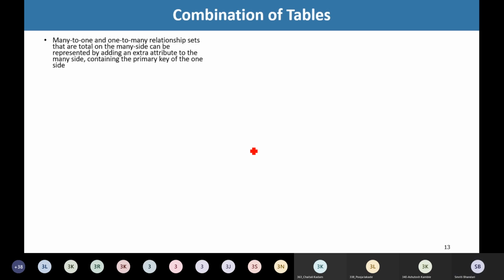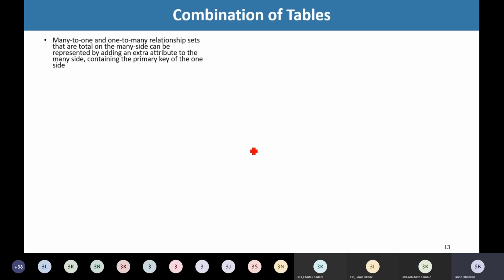Now, I am going to focus on a few more rules. Actually, many times we may combine the tables based on these rules. So what are those rules? I'm just going to list them out and then we'll demonstrate them with our representative ER model.